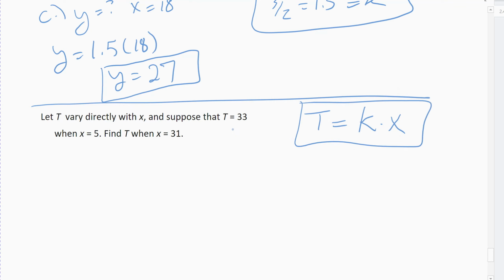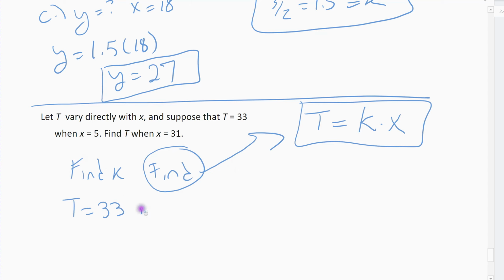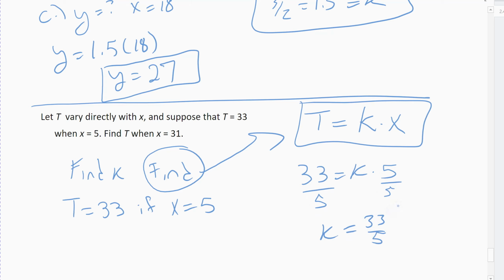And they didn't come out and ask you what k is, but I have to find k in order to find this equation. All right, so that's where I use the information. I know t equals 33 if x equals 5, we'll plug that in. 33 equals k times 5, divide by my 5, and so k is exactly 33 over 5.